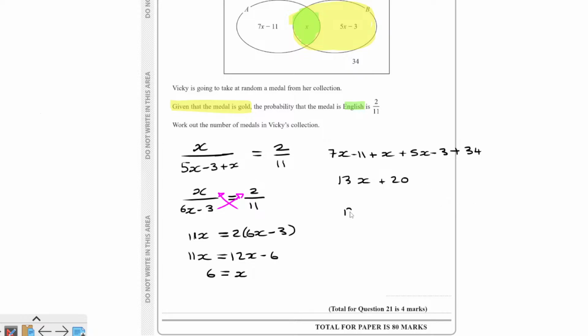And then if we sub in 6, obviously you can put this in the calculator, but I think that's 78 plus 20, which is 98. Okay, so just double check. If you've got one where you're solving an equation, was the actual equation the actual question, or was it something else? So yeah, we worked out x, but we then had to go back and work out the total number. So 98 should be your answer.